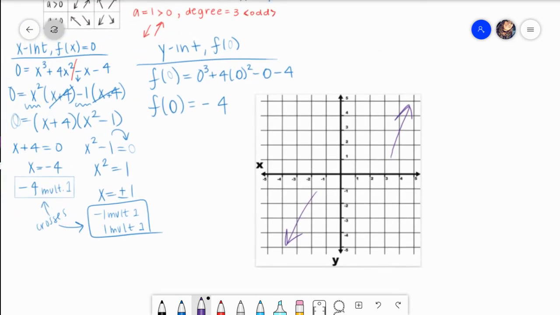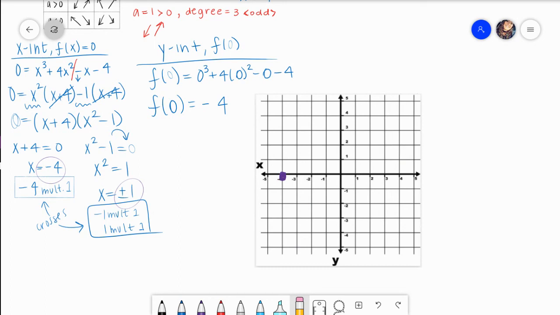Now, if I look at my x-intercepts, they are -4, -1, and +1, right? So I'm going to go to -4, which is right here. I would plot my points first, and then see the end behavior.